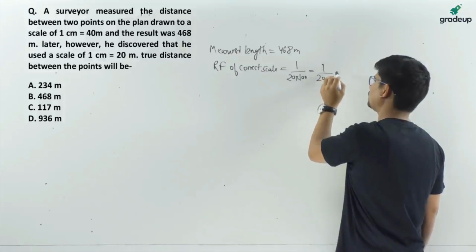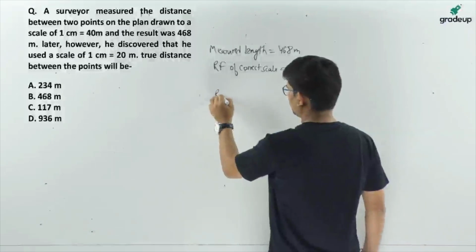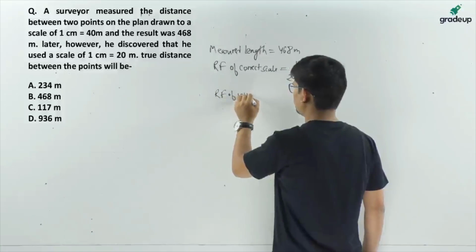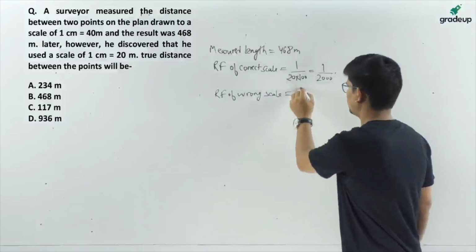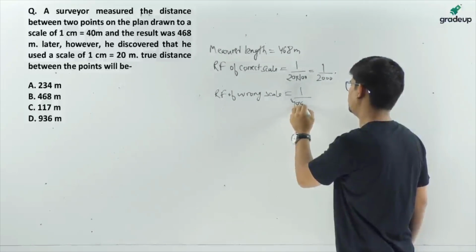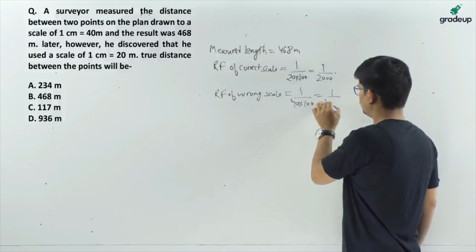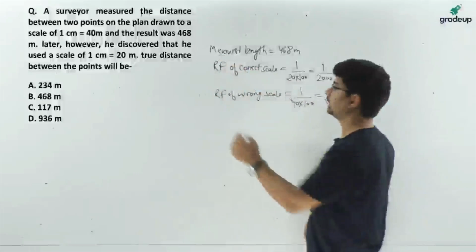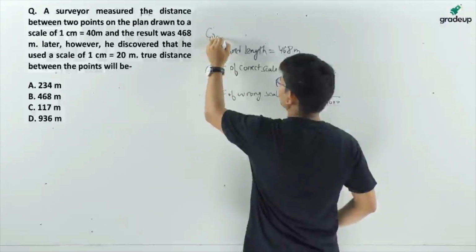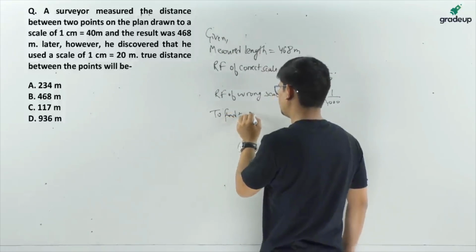So 1 upon 2000 is the RF of correct scale, okay. Now RF of wrong scale which he used is 1 by 40 into 100, that is 1 upon 4000, okay.